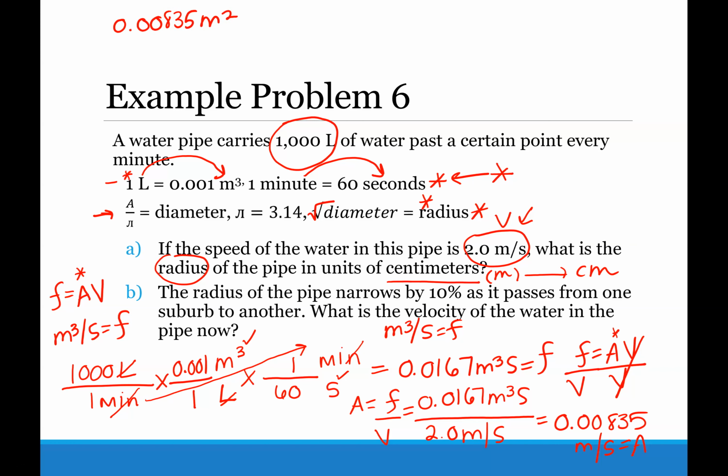meters squared. So to get the diameter, we're going to divide by pi, which is 3.14. And that is this symbol right here. It's called pi. It equals 3.14, as you can see right here. So 0.00835 divided by 3.14 is 0.0027.